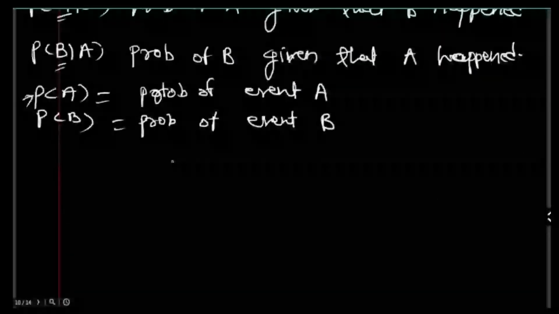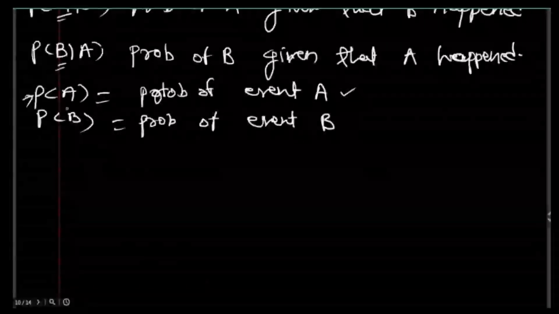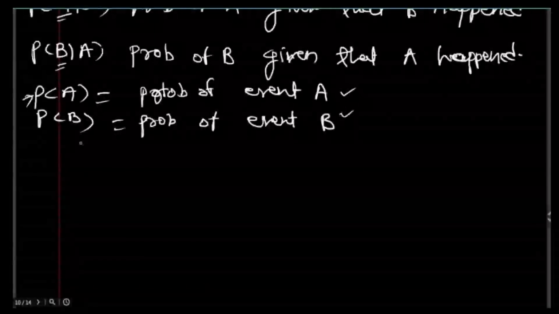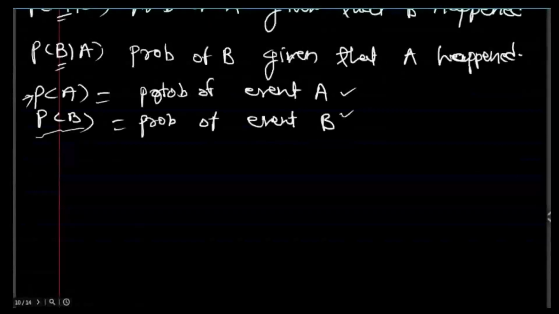Then probability of A and probability of B are independent probabilities, not dependent on each other. So the normal probability of A is this, and the normal probability of B is indicated by probability of B.